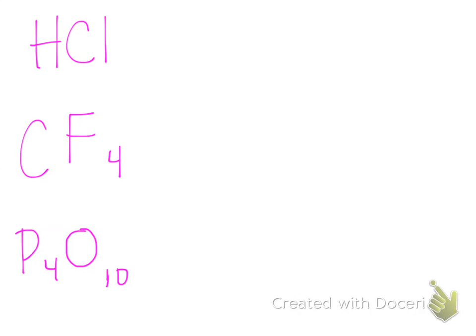Hydrochloric acid. Perfect. Okay, let's talk about the oxidation number. What's hydrogen's oxidation number? +1. And chlorine's oxidation number is? -1. Good. Easy. Because there was no fluorine in it and no oxygen in it, we go to our hydrogen rule.